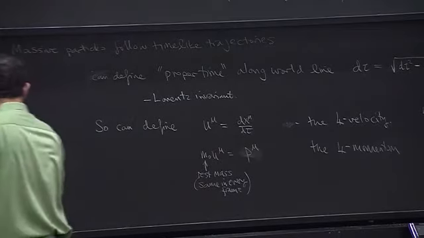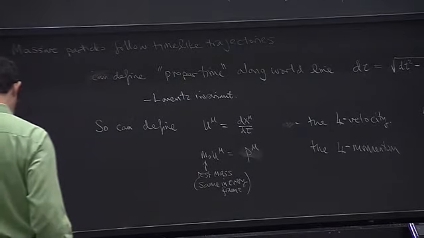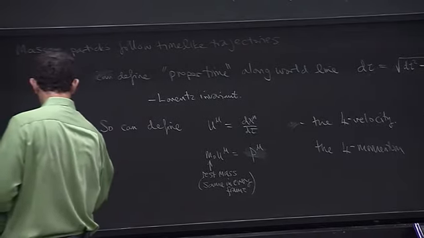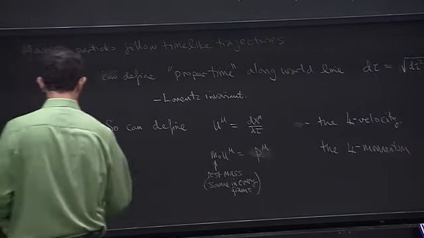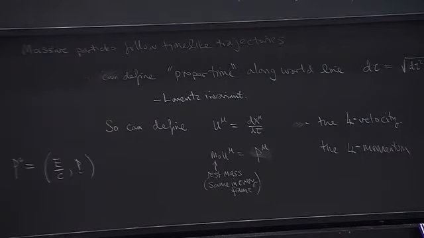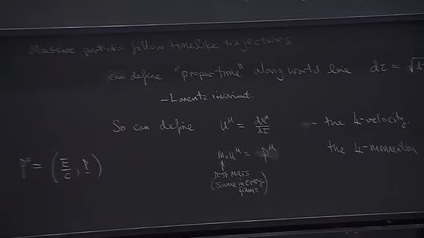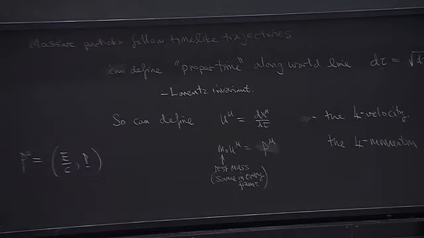And then we can interpret this four-momentum as E over c, the energy of the particle, and its 3-momentum. So if you like, I can just define the energy and 3-momentum that way.